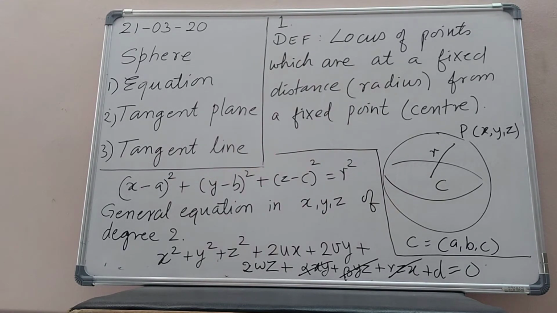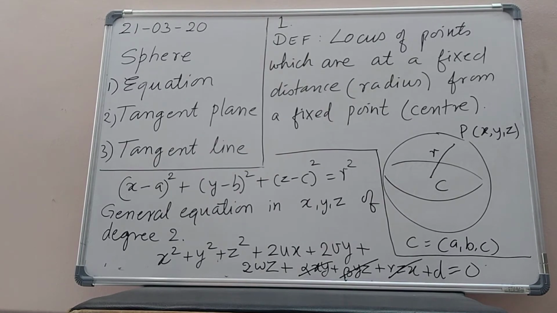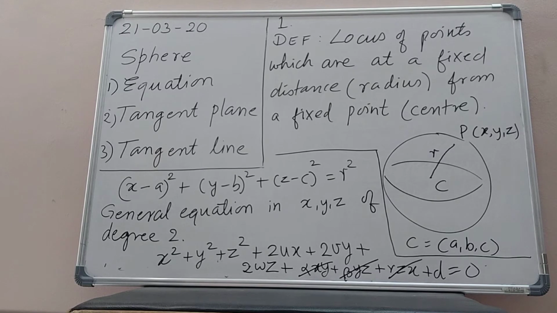So there's a question: if you have a second degree equation in three unknowns, what does it represent? The study of the general quadratic in three unknowns is of interest to some people, and there is some connection between the algebra and the geometry.